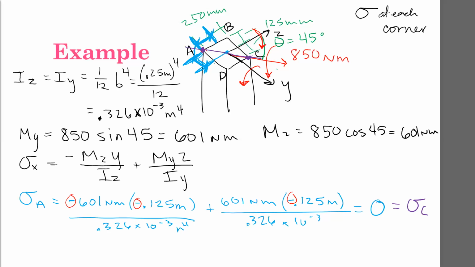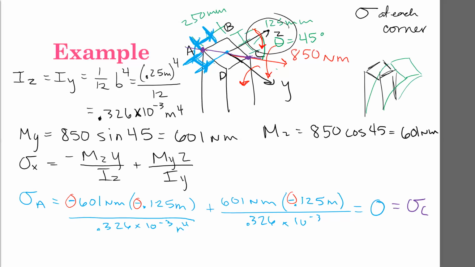Yes? I don't understand how you determine whether it's compression or tension just by looking at the moment. Okay. So when I have a moment that is positive about the Z, with that arrow going the way I've drawn it here about this axis, what that's going to tend to do is make this member kind of curl like this, right?